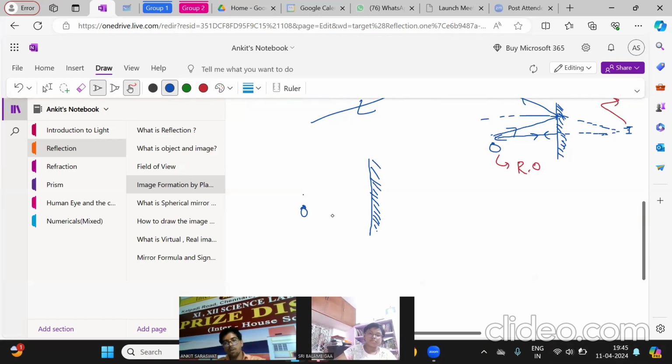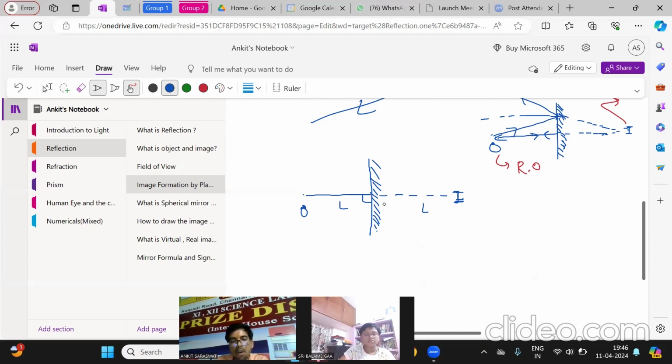First step, just draw one line that is perpendicular to the mirror surface, like this. Extend this line. The image will be here. If this is L, this will be L. Same size as the object, and at the same distance from the mirror. If the object is 2 meters from the mirror, then the image will be 2 meters at the back. These are the characteristics of a plane mirror you have learned in class 7.